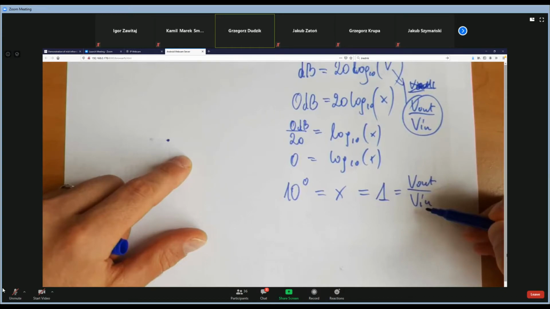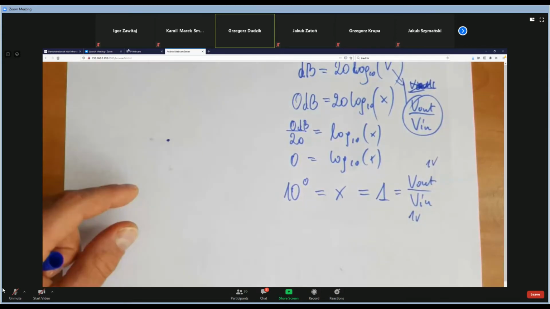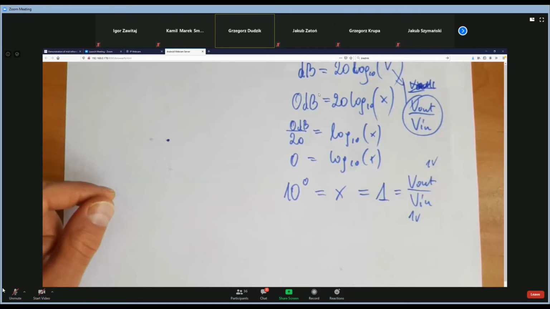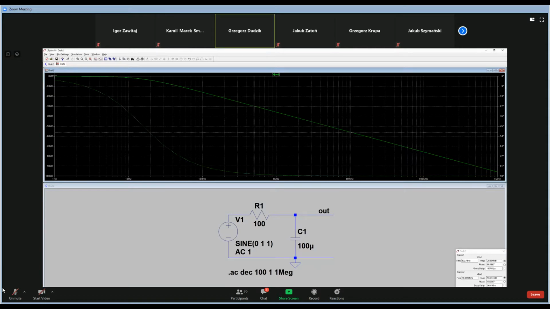So if V in is 1 volt, V out is 1 volt. 0 decibels tells you that in this range of frequency, where we have the very flat characteristic, the output signal is the same as the input one.